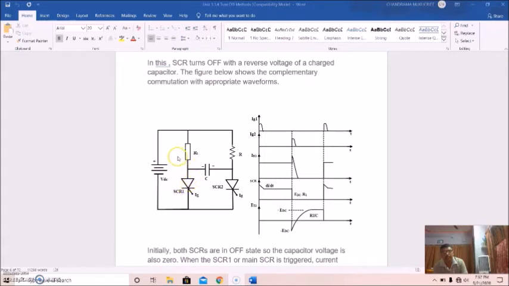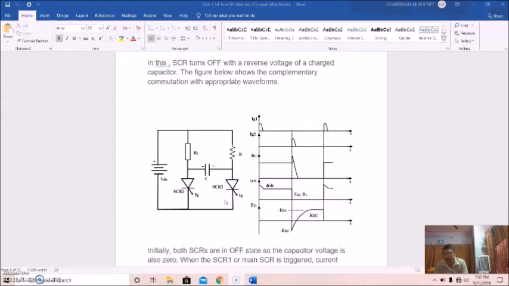A negative polarity voltage is applied across thyristor 1, which will be in reverse bias and turned off immediately, and therefore the commutation of main thyristor SCR1 is possible. So by turning on this SCR2, the capacitor C is charged through the load, and its polarity becomes reverse.